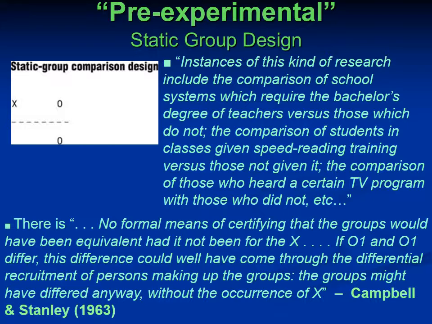So in a pre-experimental type static group design, there's no control by a researcher about who ends up in the two groups. Most of the time, it's just going to be people who have self-selected at some point in the past. For example, you might want to look at people who have smoked 2 packs a day of cigarettes for the past 10 years and compare them to people who've never smoked.